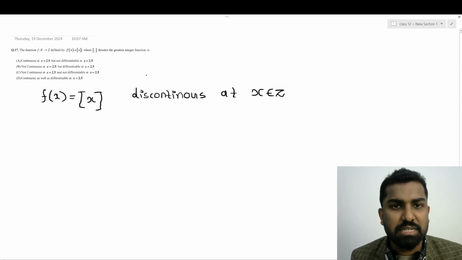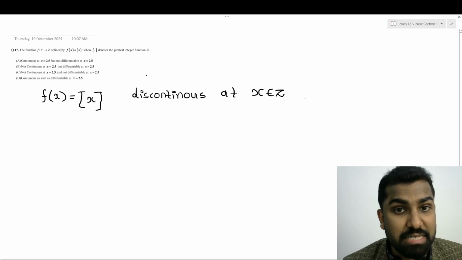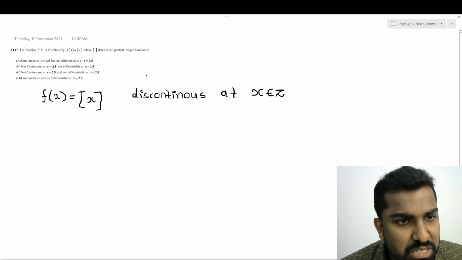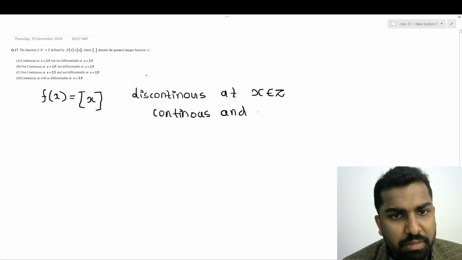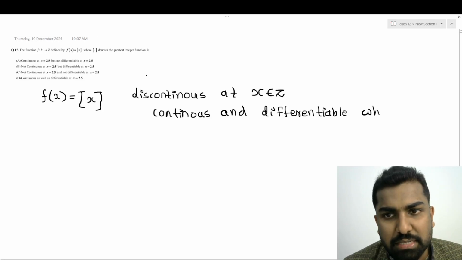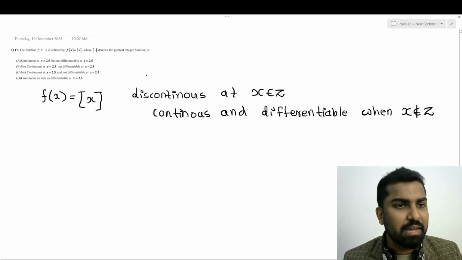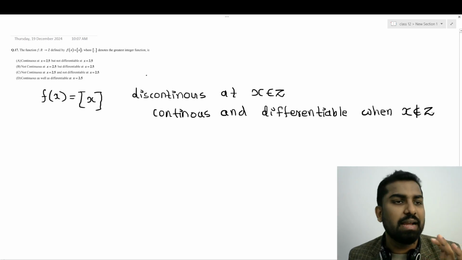And this function is both continuous and differentiable when x does not belong to Z. If x is a number other than integer, the function is both continuous and differentiable.